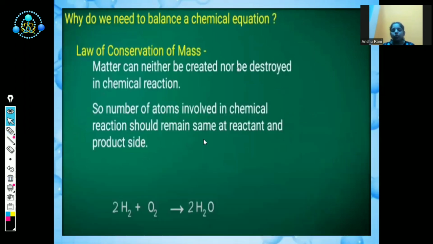What we need to follow to balance a chemical equation? We need to follow law of conservation of mass. Means mass can neither be created nor be destroyed in a chemical reaction. So on left hand side and right hand side, number of atoms of reactants and products should be same.